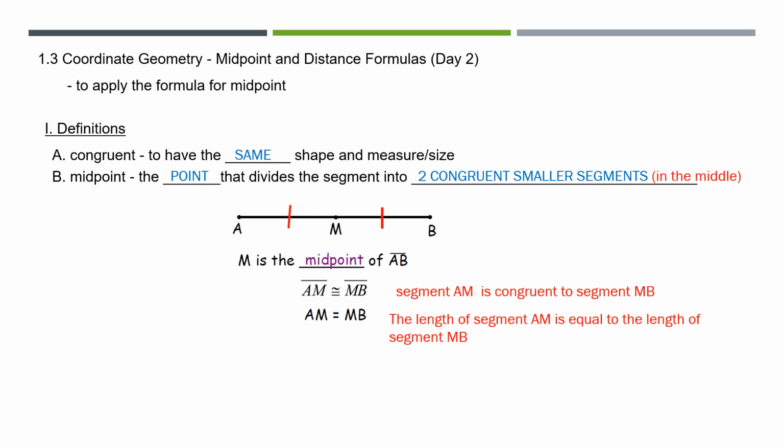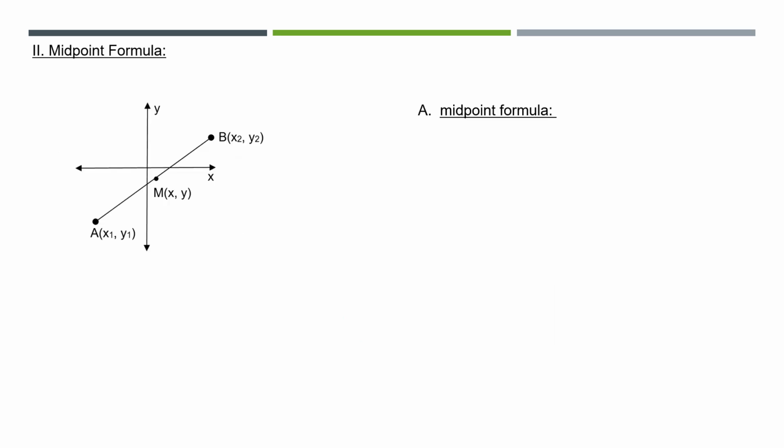Let's talk about the midpoint formula. So just like yesterday, we have segment AB. Point A is the ordered pair x sub 1, y sub 1, and point B is the ordered pair x sub 2, y sub 2. Remember, the subscripts are simply letting you know where those numbers are coming from.